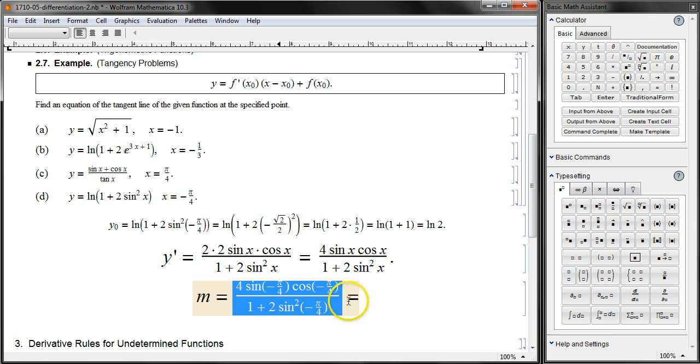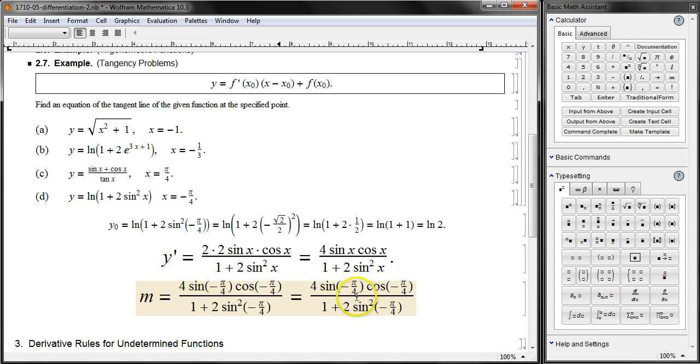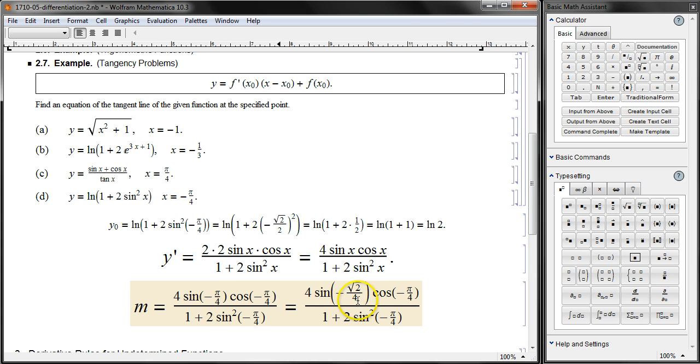Alright, here. What is sine of negative pi over 4? It is negative square root of 2 over 2. You can always look up that trig diagram. Cosine of negative pi over 4, it is positive square root of 2 over 2, because in the fourth quadrant, cosine is positive. Cosine is an even function. So that takes care of the numerator.